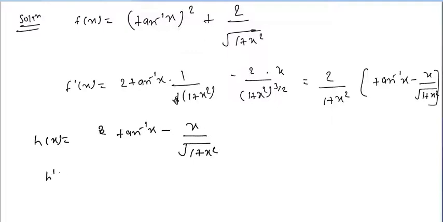And h dash of x is equal to 1 divided by 1 plus x square minus x divided by 2 root under 1 plus x square into 2x. Clear?